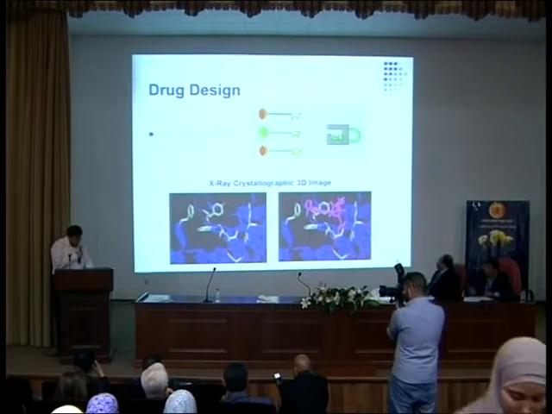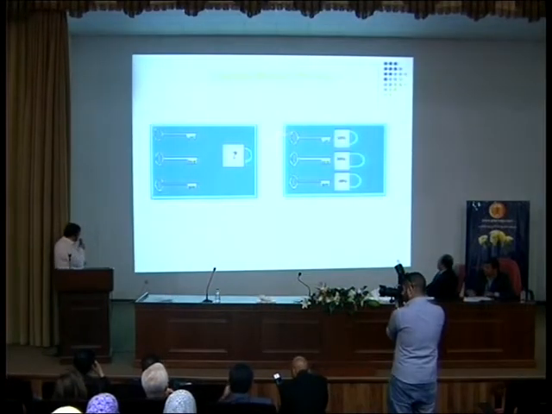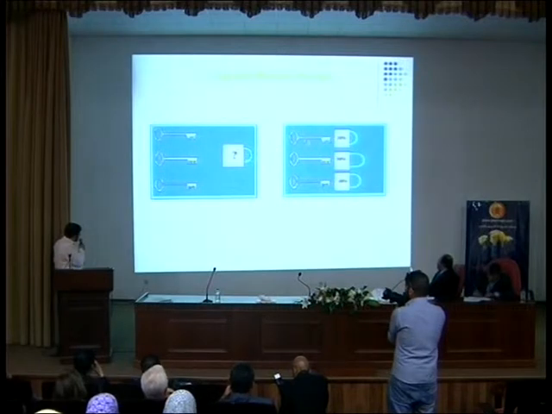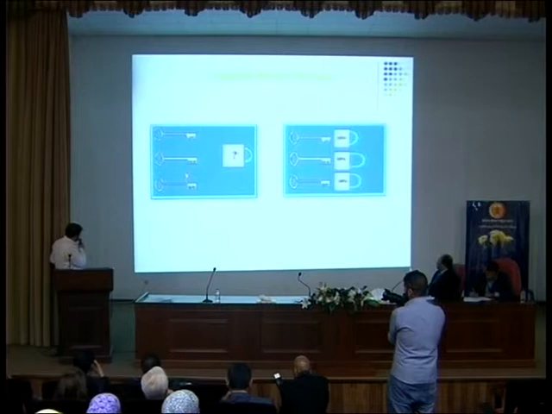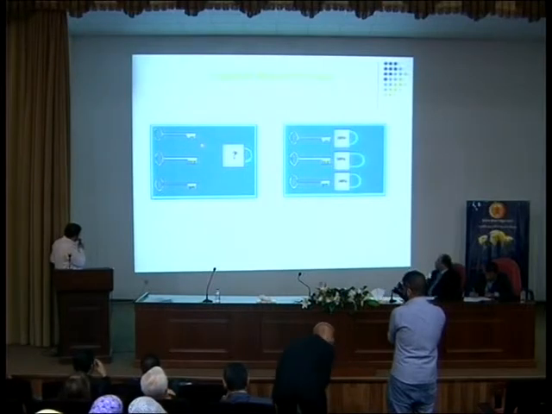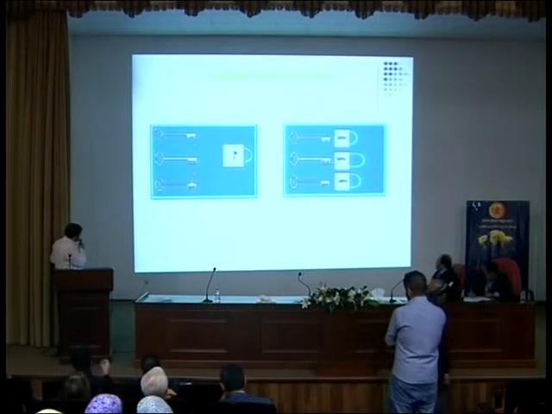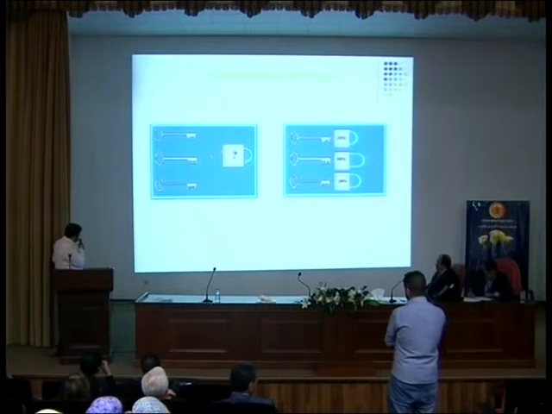This is structure-based. And if you don't have any idea about the binding pocket, you can go for ligand-based, whereby you test different keys or different ligands, and you try to find the common features among them in order to find a good key to open the lock.